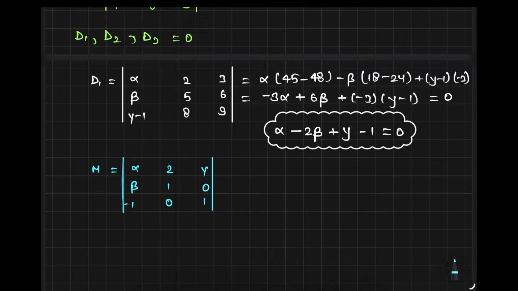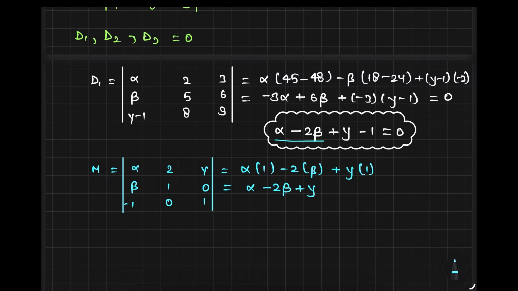Let's try and we will figure out what happens next. So it is alpha times (1 minus 0), correct, minus 2 times (beta minus 0), plus gamma times 1. So you got this: alpha minus 2 beta plus gamma.